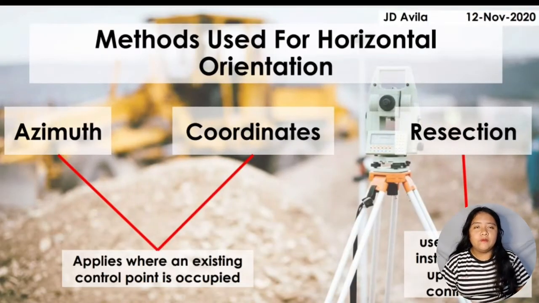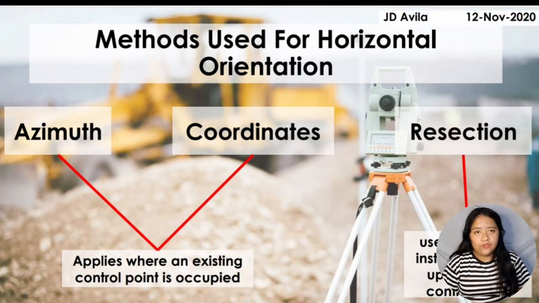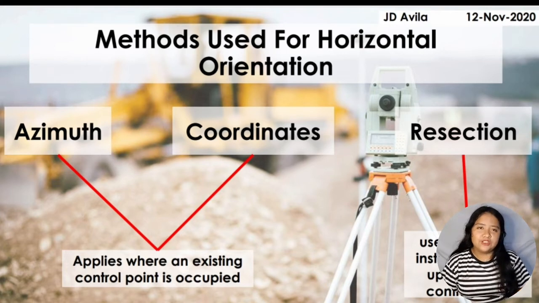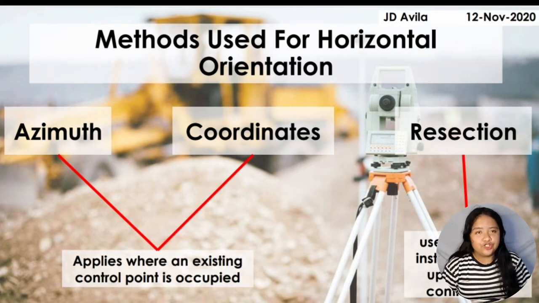We have three commonly used methods in horizontal orientation: number 1, azimuth; number 2, coordinates; and number 3, resection. Azimuth and coordinates apply where an existing point is occupied, while resection is used when the instrument is set up at a non-control point.